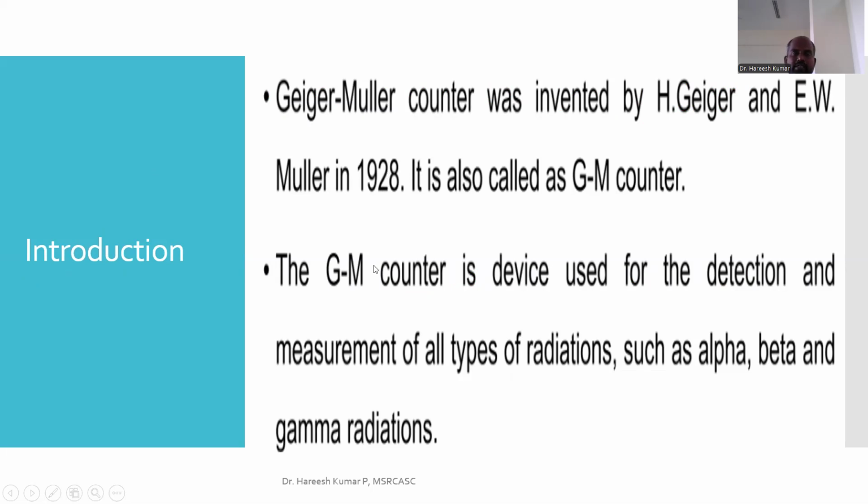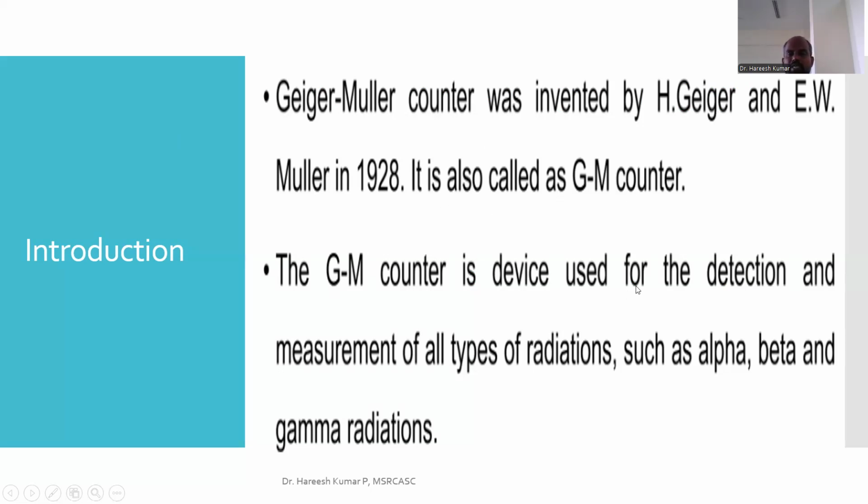They invented this instrument for the identification, measurement, and detection of radioactive emissions. The radiations may be alpha or beta or gamma radiations. So the Geiger-Muller counter was invented by H. Geiger and E.W. Muller in 1928. It is also called the GM counter.